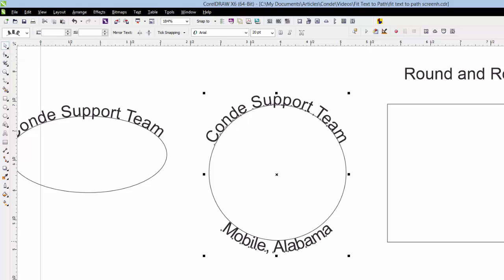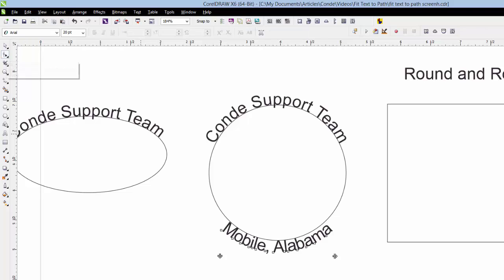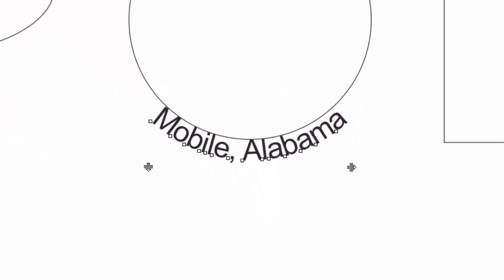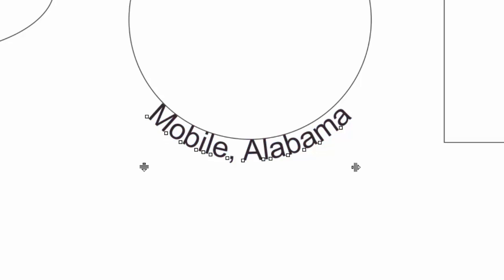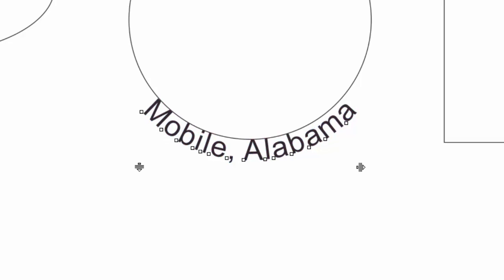We're going to select Mobile, Alabama, and then we're going to go to the Shape tool. And when we do the Shape tool, we're going to get these two arrows. Now this one over here on the left-hand side really won't do anything to help us, but this one will. And it will allow us, with a click and a drag, to actually add space between the letters so that they match what's at the top.